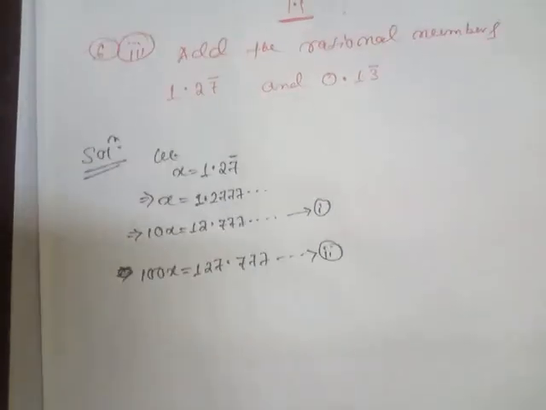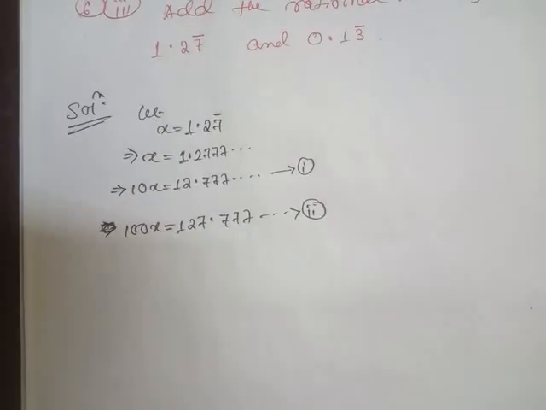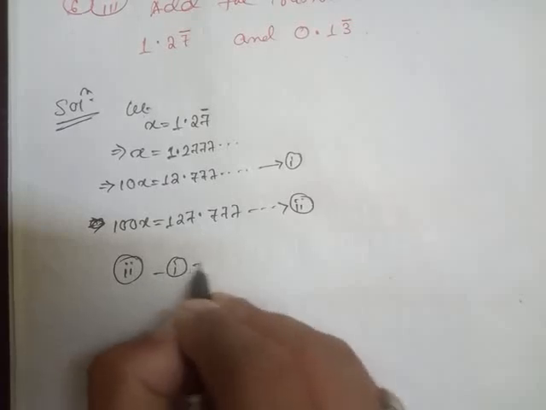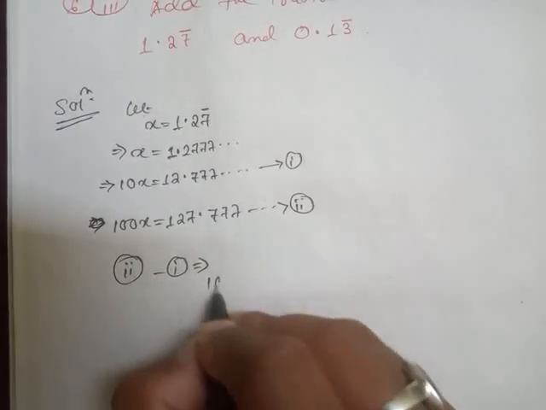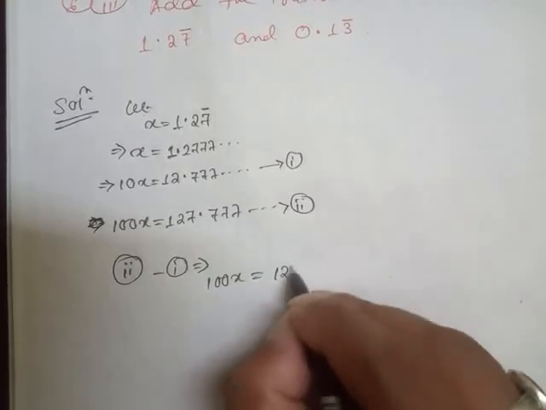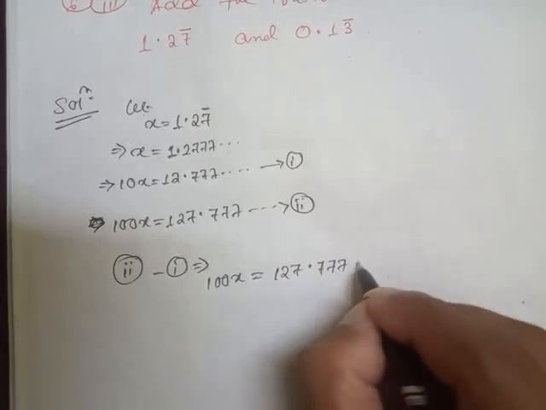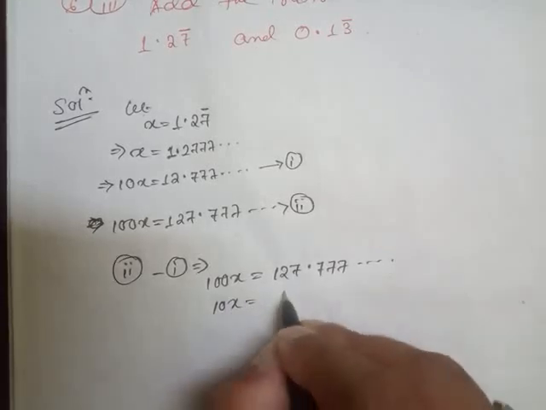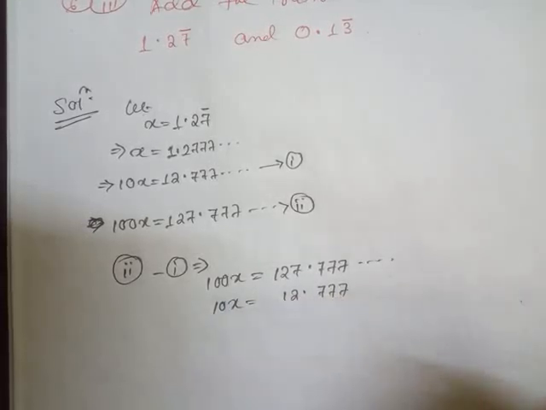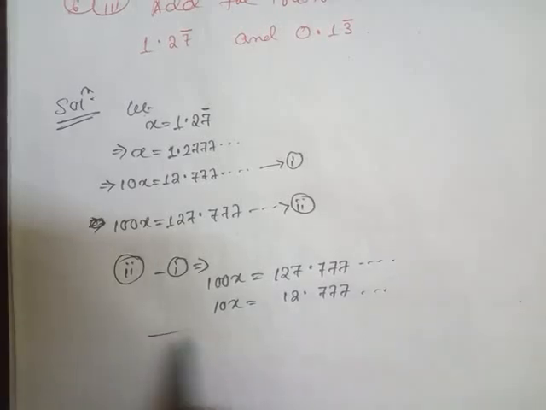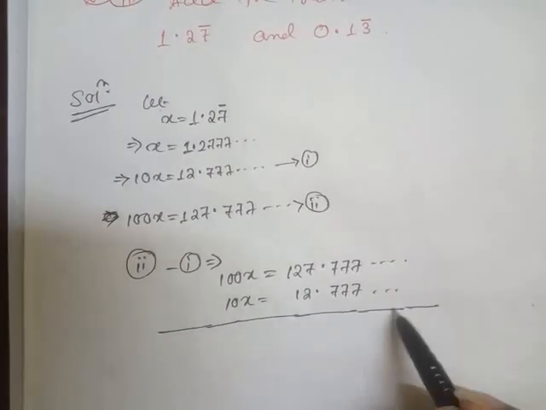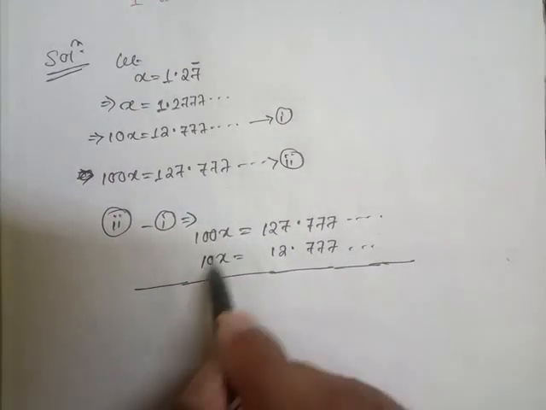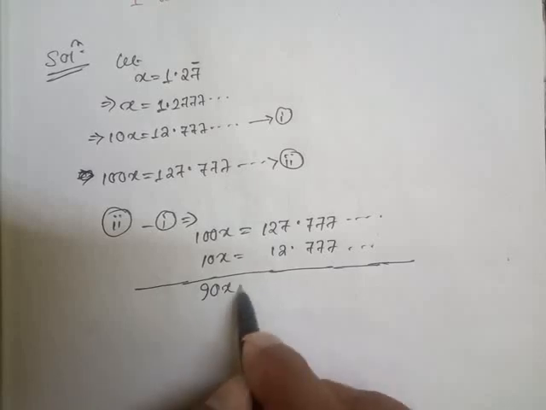Now if I go for the subtraction of equation 2 minus 1, then what will happen? 100x, then 127.777 and so on, and the next one is 10x, then 12.777 and so on. Now subtract. 100x minus 10x is 90x here.